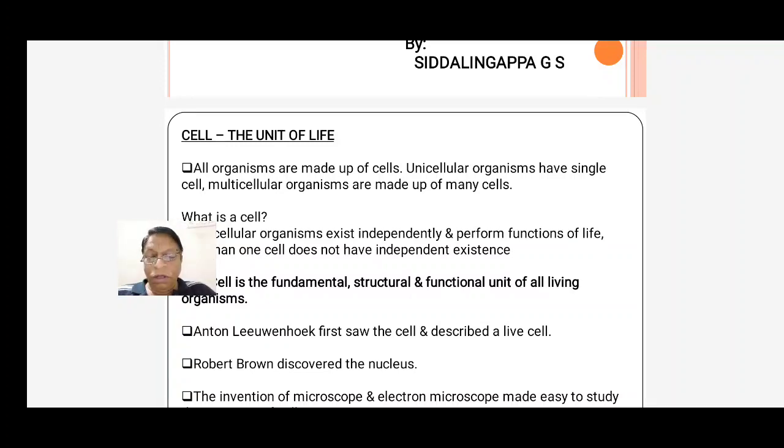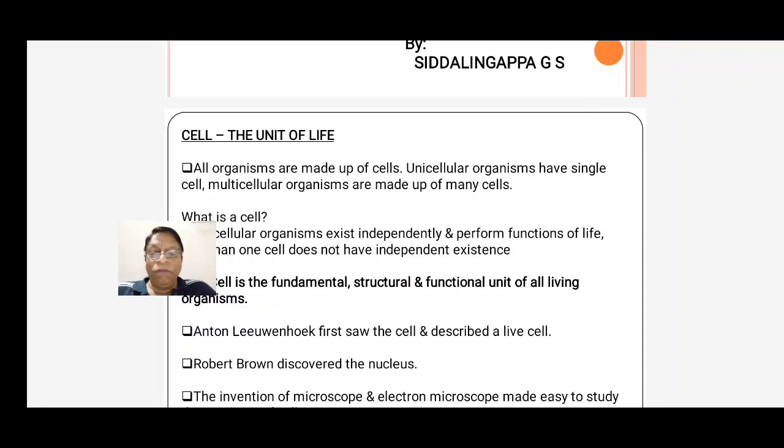When we look around us, you can see both living and non-living things. What is the difference between the living things and non-living things? If we examine carefully, the living things have the basic unit of life.